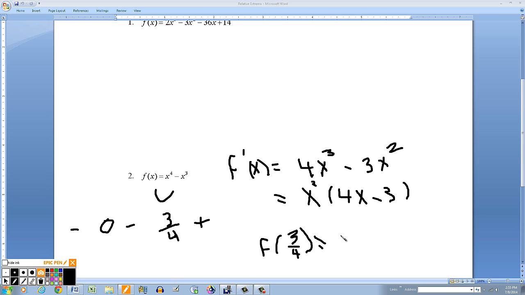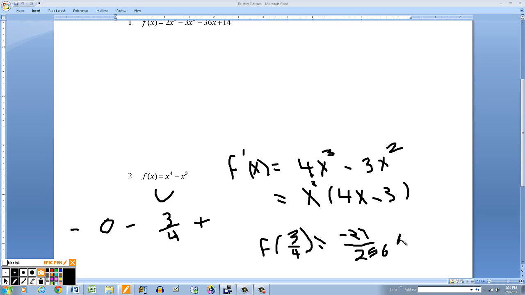Well, if you do the calculation either way, this gives me a negative 27 over 256. So f of 3/4 is equal to a negative 27 over 256.